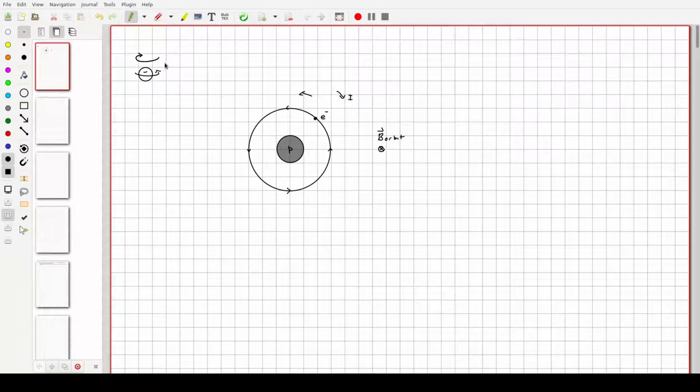That's positive. That would be the direction of I. And again, if you wrap your fingers around in that direction and look at your thumb, you end up with a magnetic field that would point down like this. Okay. So you can think of these orbits of charges as sort of like little bar magnets.